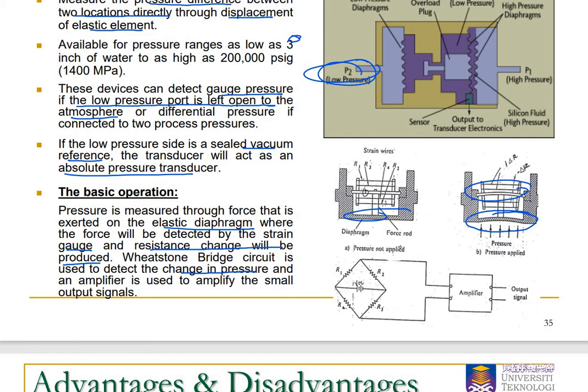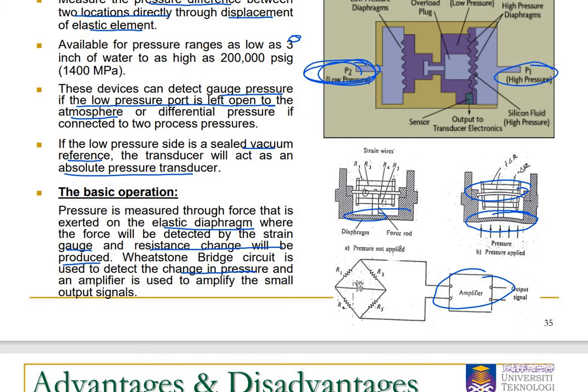So the change of resistance just now is sent to the amplifier here. The amplifier is used to amplify the small output signal. So later on you try to see the YouTube video that I give so that you can understand more on how they work. But for this strain gauge sensor, basically there's a pressure difference between these two.